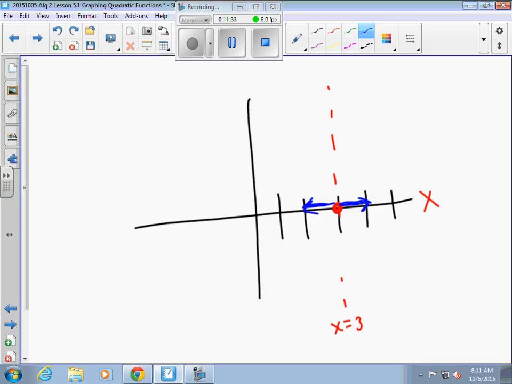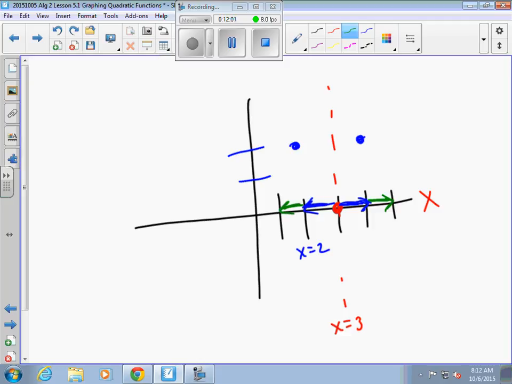So when you use that value, X is 2 right here, and you run it through the equation, you're going to get a value. Remember, whatever it is on this side, it's going to be the same on the other side. That's what the axis of symmetry means. Then you have one more time you have to shift. Do you want to shift to 5 or do you want to shift to 1?